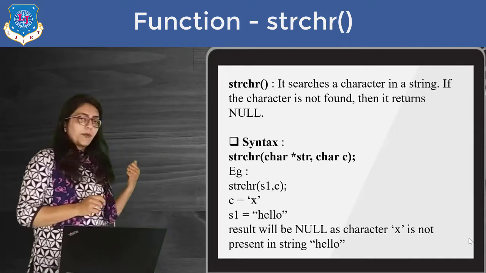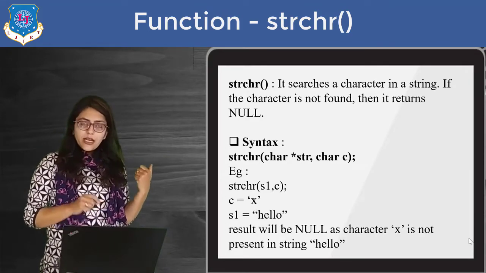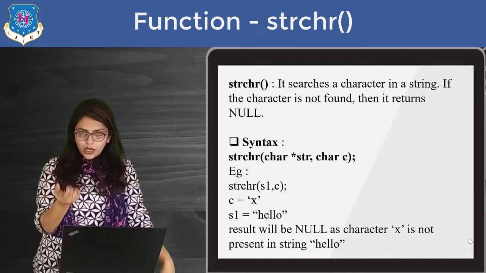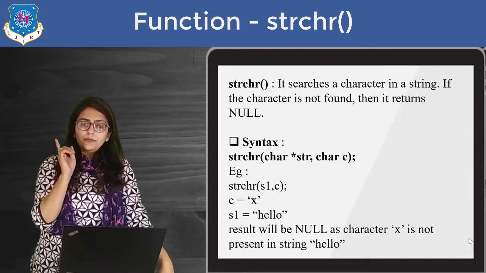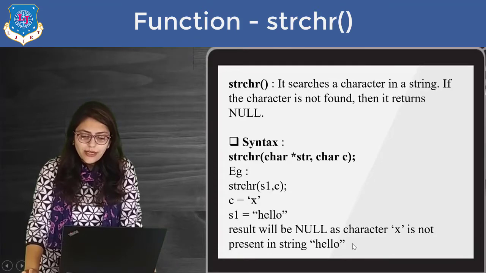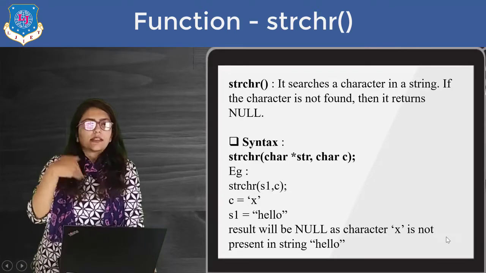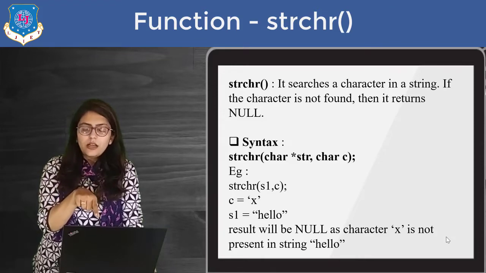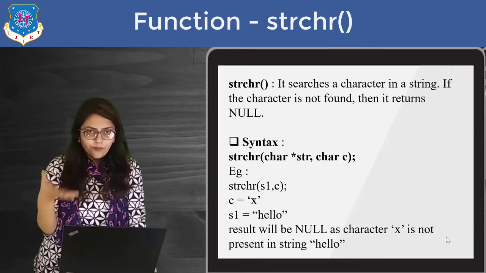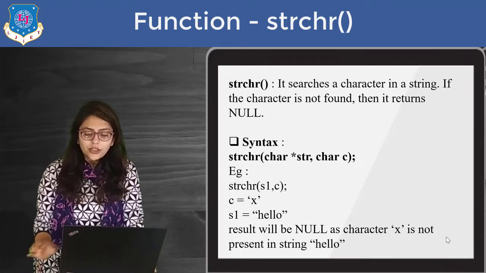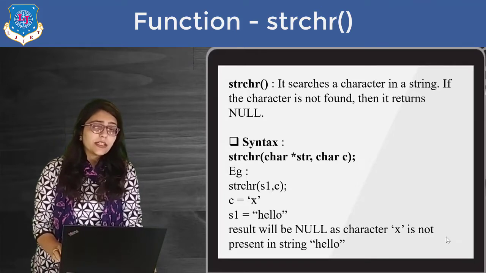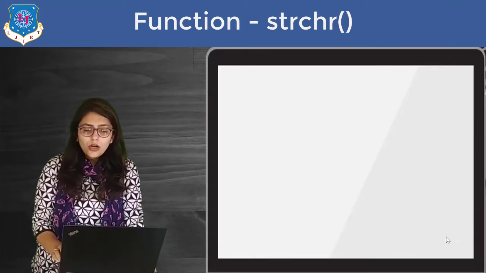If the character is present inside the string, then it will not return null, otherwise it will return null. So the result will be null as character X is not present. If the character is not present, it will return null. Otherwise it will return some value. So based on this condition, I can check whether this character is present inside our string or not.